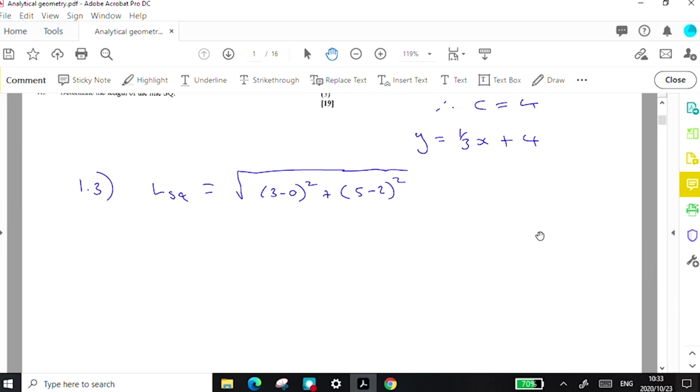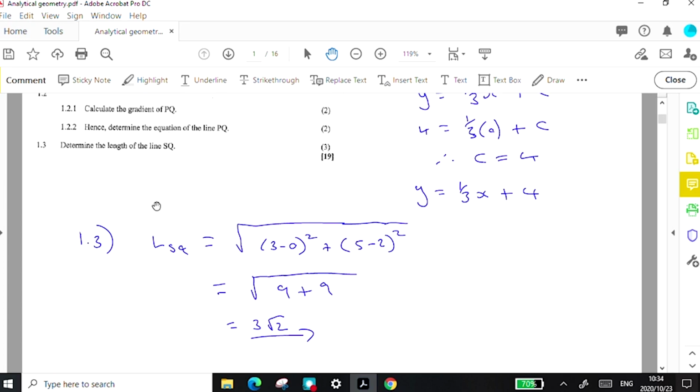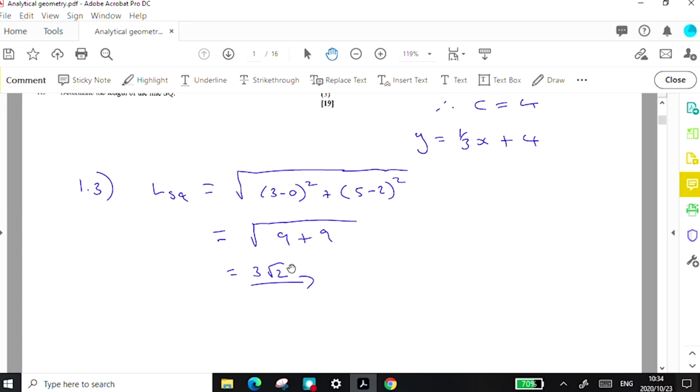Simplifying, we look for the square root of 9 plus 9, which is equal to 3 square root 2. So the length of SQ is equal to 3 square root 2 units.